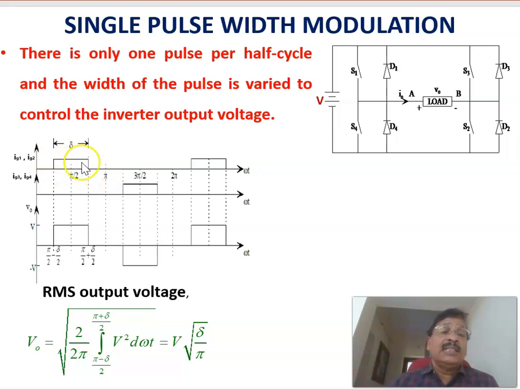By changing the pulse width, you can vary the magnitude, but the fundamental frequency remains 50 Hz. Therefore, by changing the time period, you can change the output frequency of the inverter, and by changing the pulse width, you can change the RMS value of the output voltage.